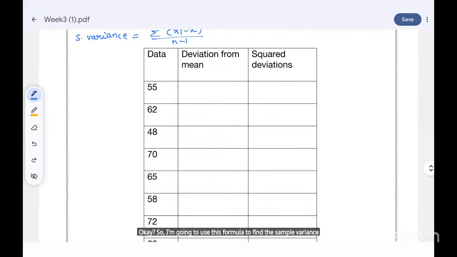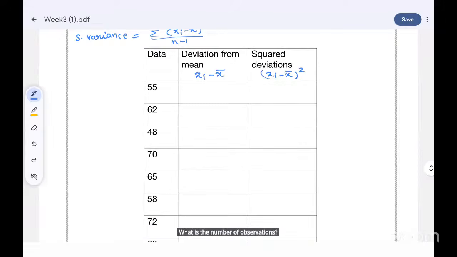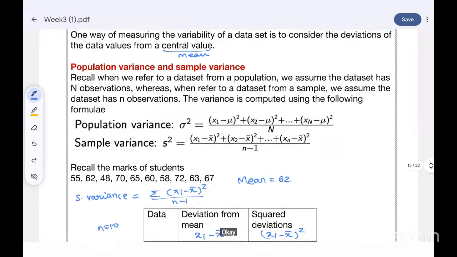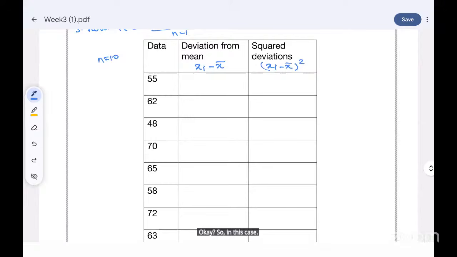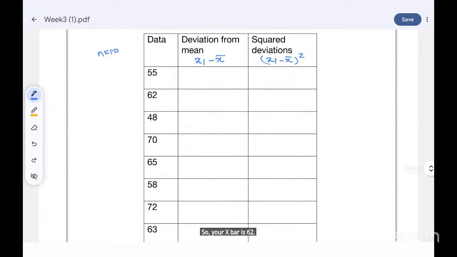Here you see the deviation from the mean, so this is xi minus x bar. The number of observations is 10, so n is 10. Do these calculations; your x bar is 62. What are the values?